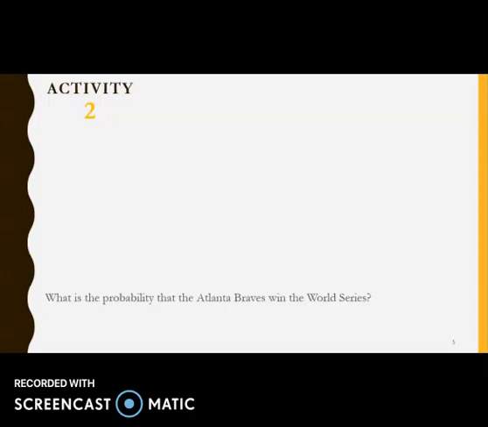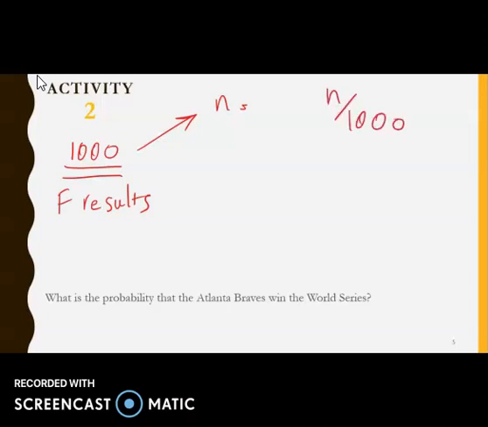When it is asking us what is the probability that the Atlanta Braves win, we need to run the simulation 1000 times and get the final results, and see out of the 1000 times how many times Atlanta wins. After that, n over 1000 would be the answer.